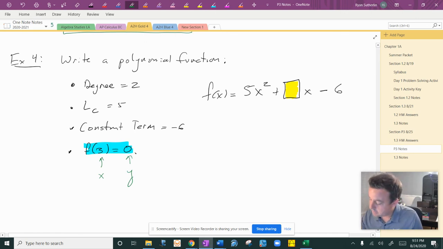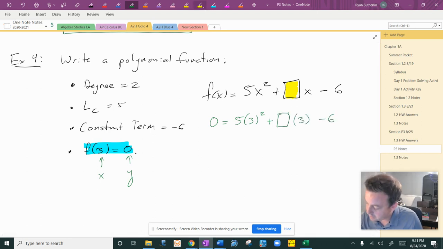So I'm going to plug 0 in for f of x, because that's y, and I'm going to plug 3 in for x. And I just have this blank to represent that little mystery value we're trying to find. You could use a different variable if you wanted. So here I have 45 plus 3 times that mystery value minus 6.